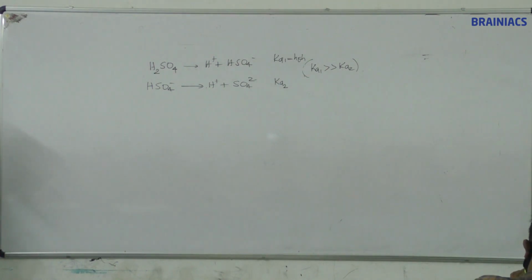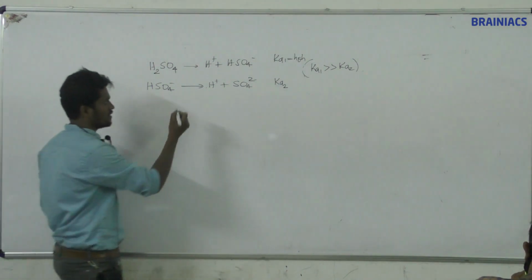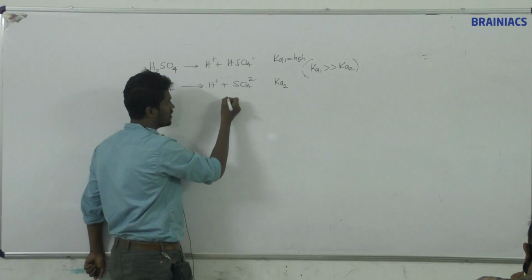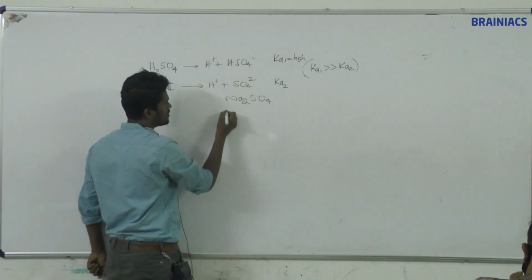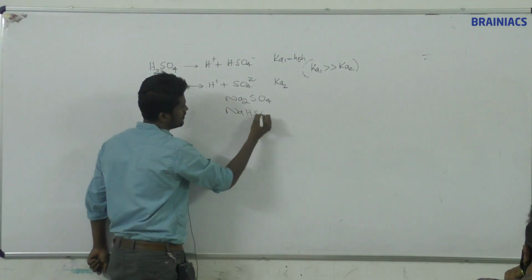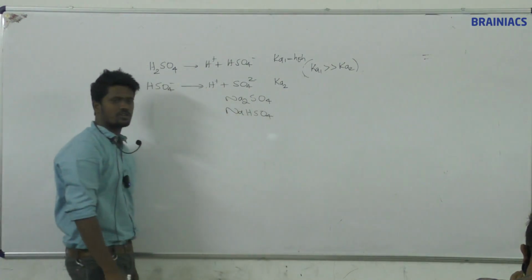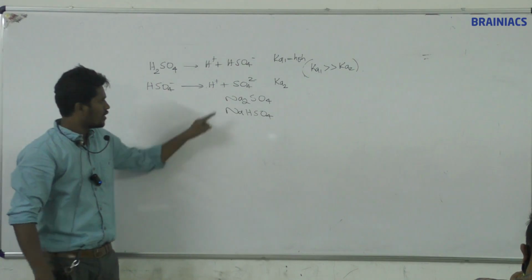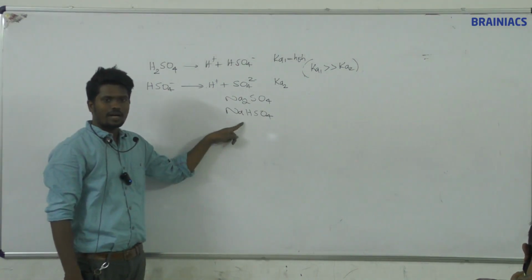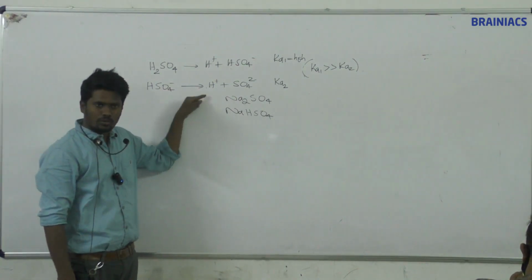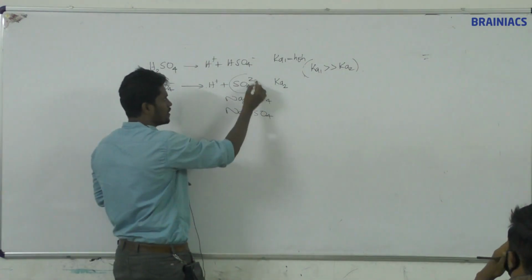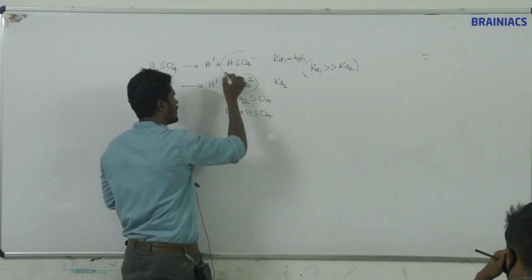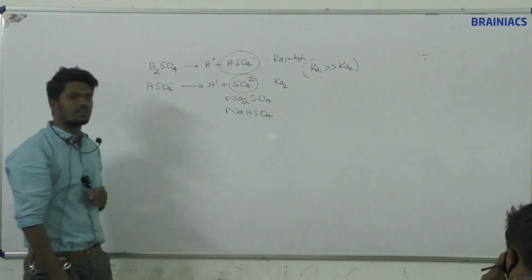So different types of sulfates: NaOH combines with H2SO4 here gives what? Na2SO4. And combines here, comes what? NaHSO4. So H2SO4 can give normal sulfate and hydrogen sulfate because it ionizes in two steps. Due to the presence of what? Normal sulfate ion and hydrogen sulfate ion.